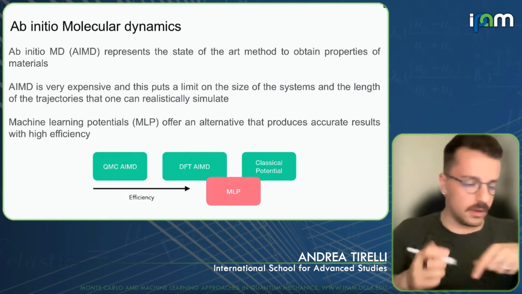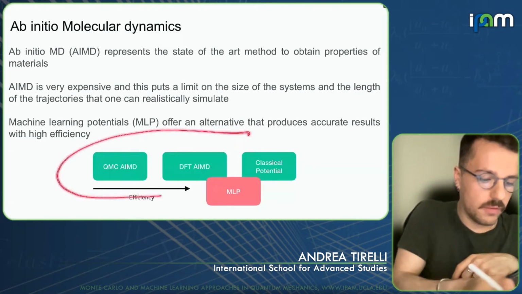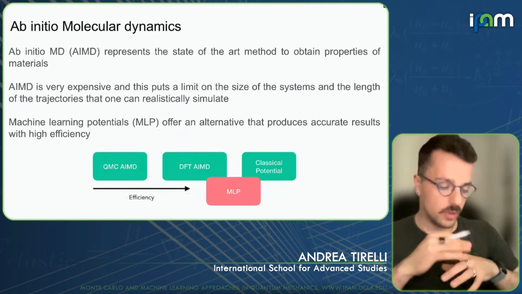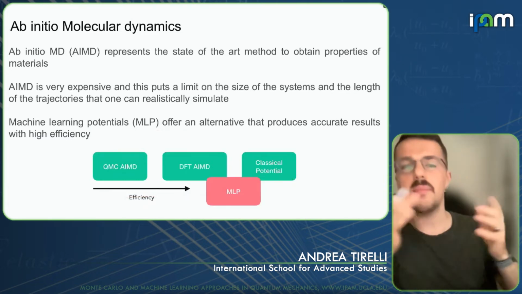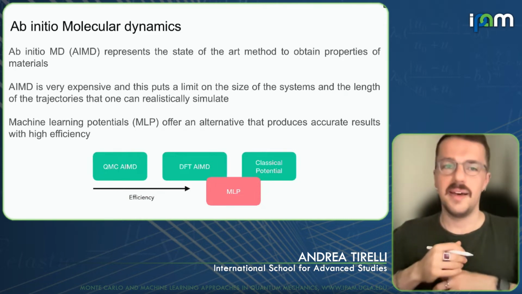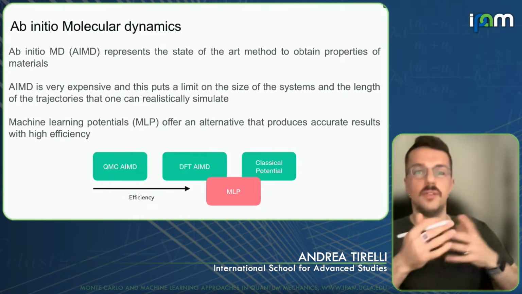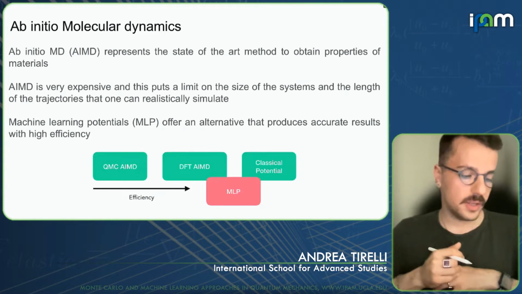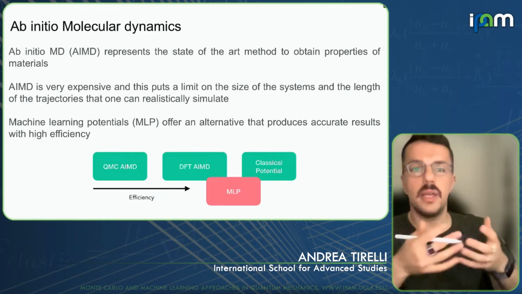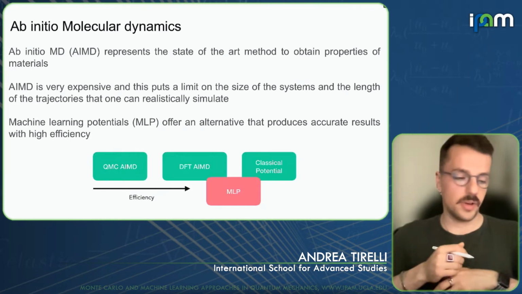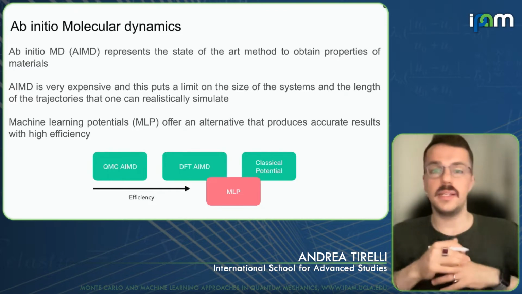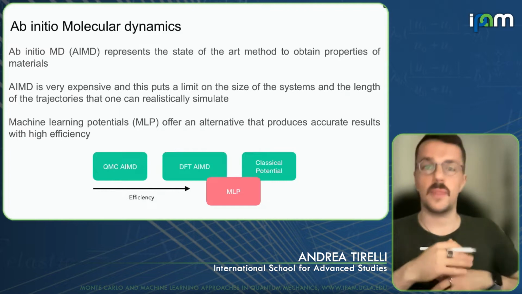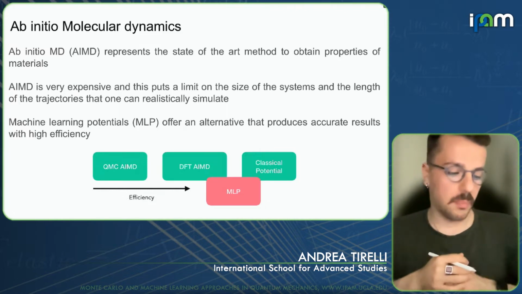So here at the bottom of this slide, I draw a timeline chart where time is efficiency, and of course you see how QMC, while being a very accurate and systematically improvable method, is at the bottom of this sequence of possible choices.